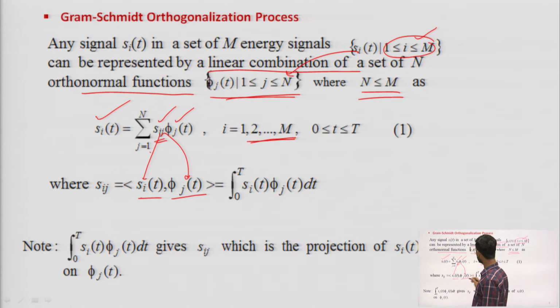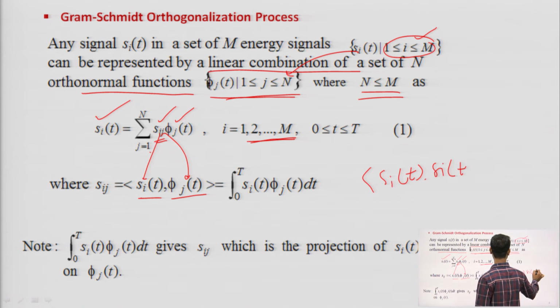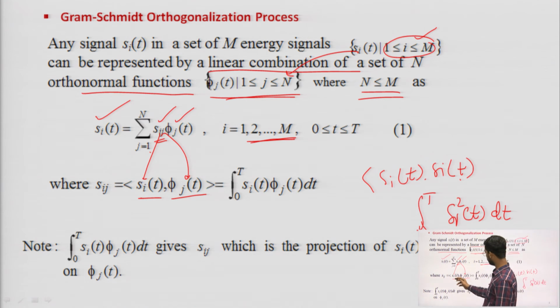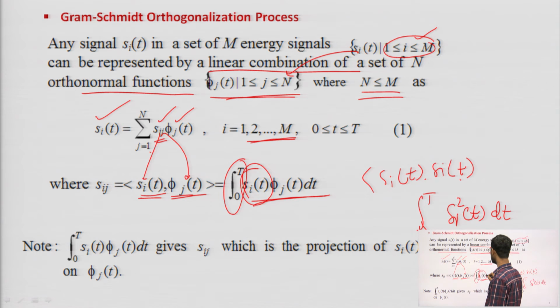Before that it was the integration 0 to T of Si t square dt, but here I have a different format. So, Si t multiplied by phi j t dt over the integration 0 to T. So, what does it give actually? It gives the projection of Si of t on the phi j t.